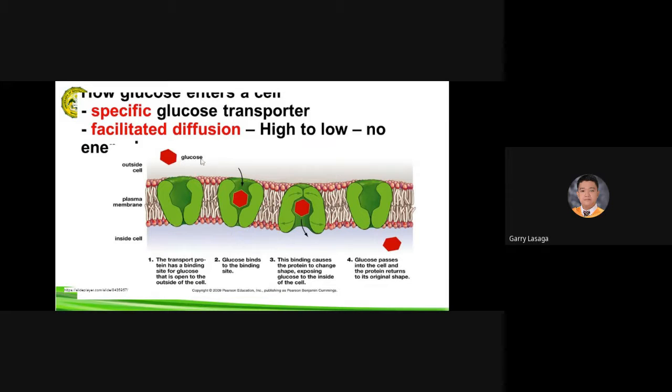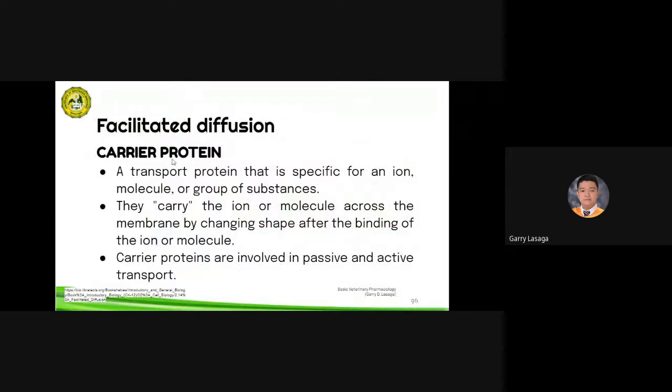This is so that the glucose in the blood does not run out.